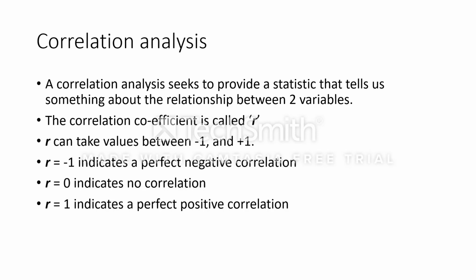If we have a number that is close to -1, that would indicate a perfect negative correlation, that there is an inverse relationship between the two numerical variables we're correlating together. If you have an R value that is close to 0, it would indicate that there is no correlation or no relationship between the variables that you're looking at. And if you have an R of 1 or close to 1, this is an indication that you would have a very good correlation.